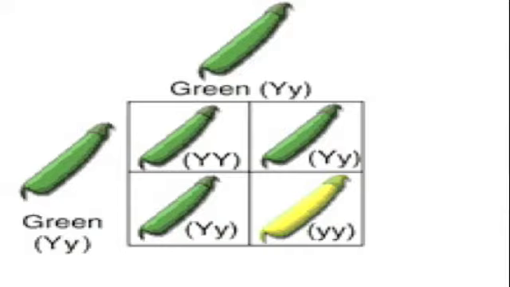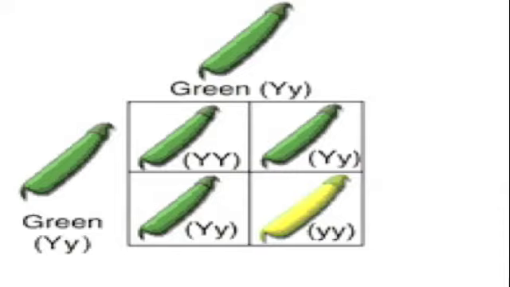You see, both of the parent peas have one yellow pea pod gene and one green pea pod gene, and they are both green because the green is the dominant gene. Their genotypes, what their genes say, are big G and little g, and their phenotypes, what actually shows up on the organism, is a green pea pod.